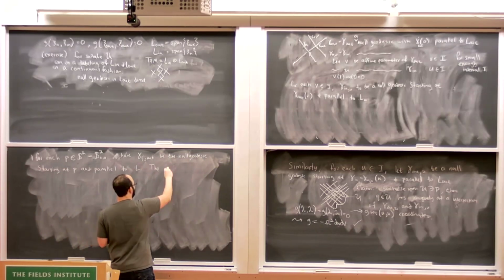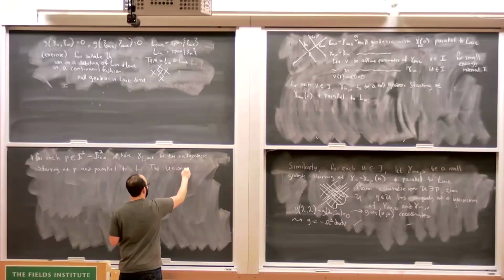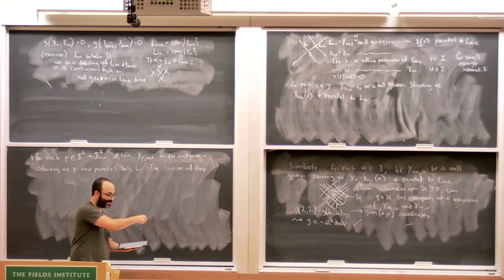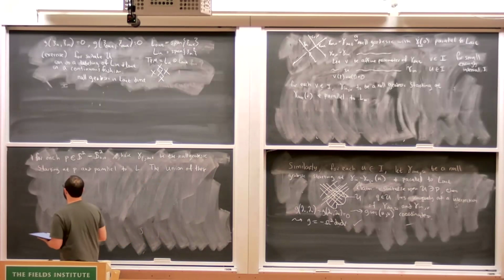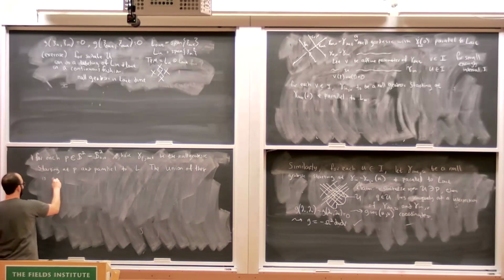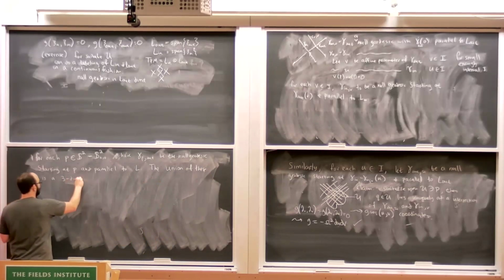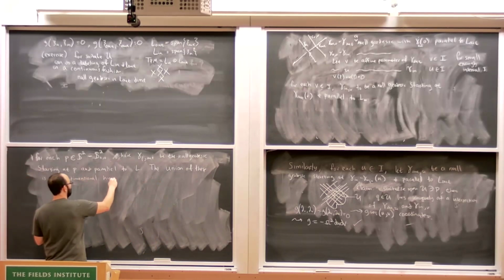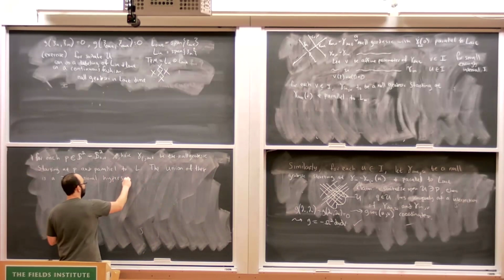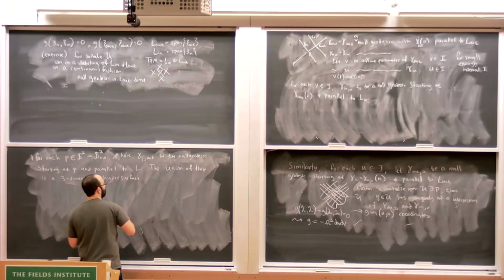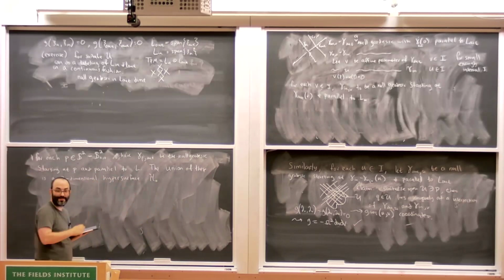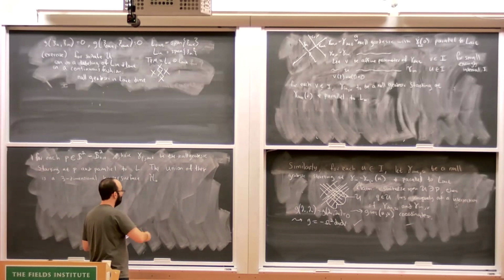These are a bunch of null curves coming out from each point of the sphere. I take the union of those. The union of these is a hypersurface, a three-dimensional hypersurface, which we'll call H0. And that's the analog of the first outgoing one.